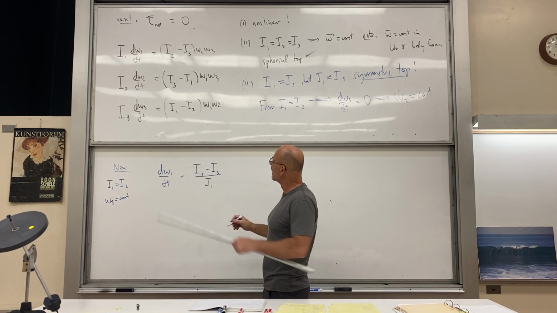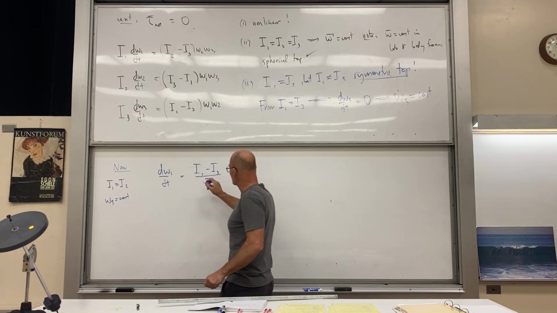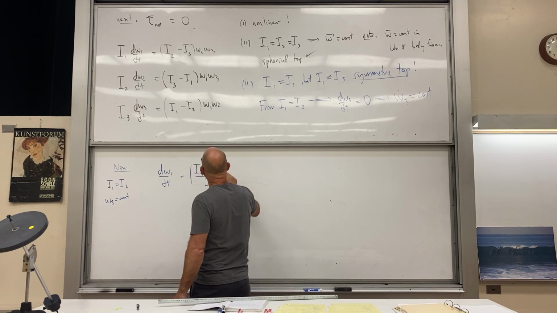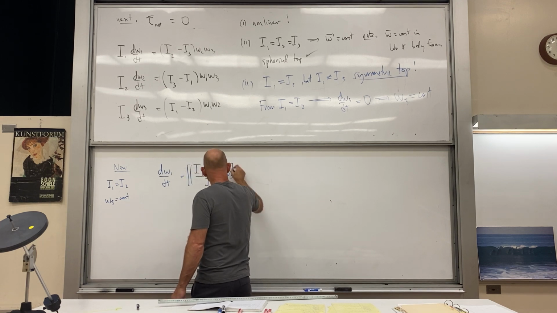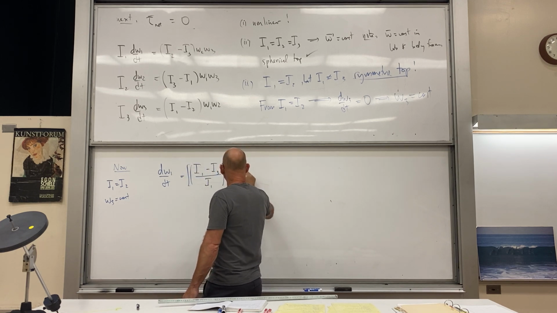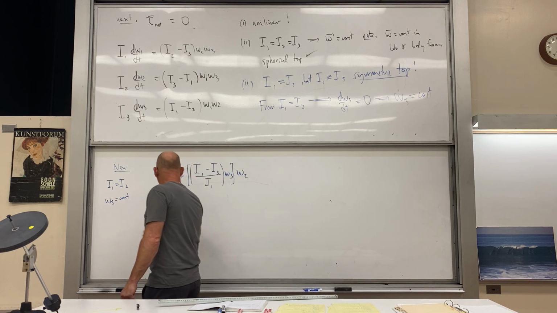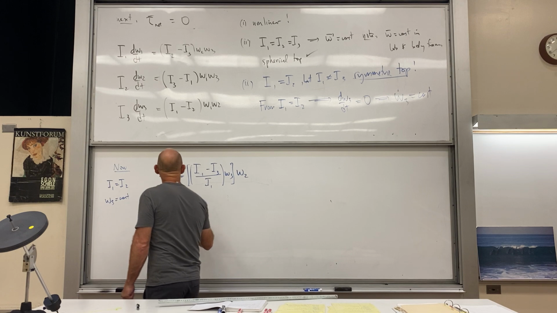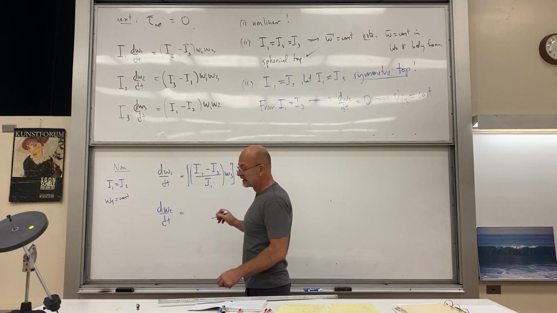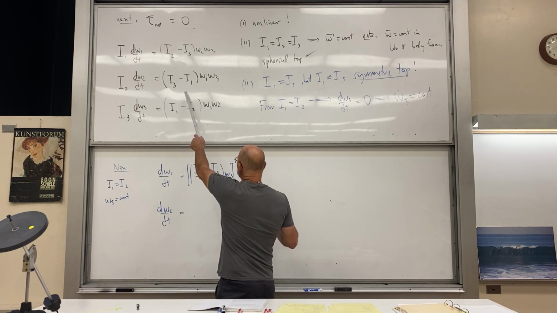Okay, I2 and I1 are the same, so I want to say I1. We've got the omega 3 there. I'll put a block around that, omega 2, and d omega 2 dt is equal to I3 minus I1.